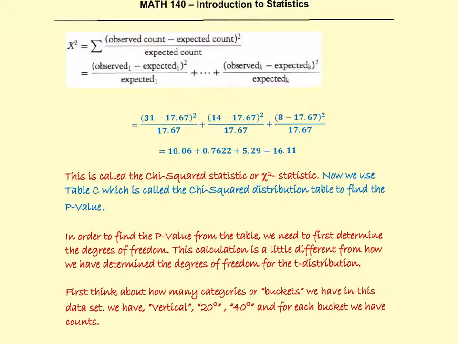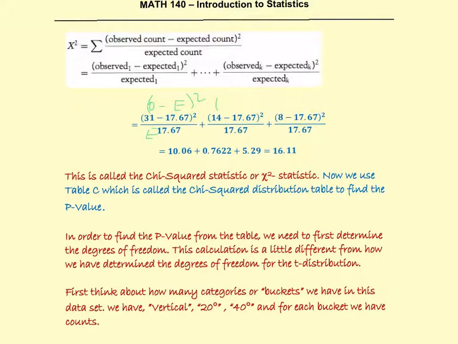So the next step is to substitute all the values that we have. We have the observed number of bird strikes in the vertical window minus expected number of bird strikes, the whole squared, divided by the expected number of bird strikes.